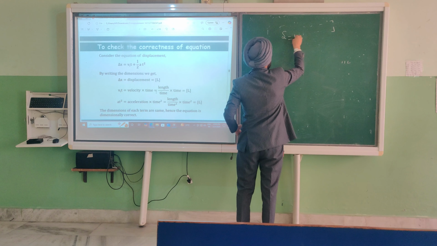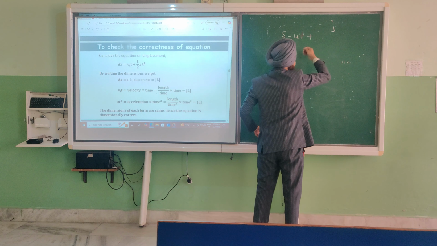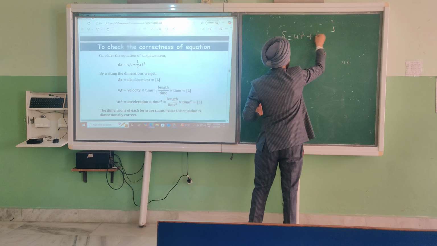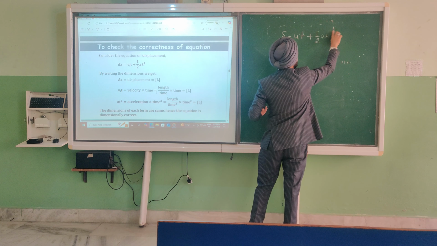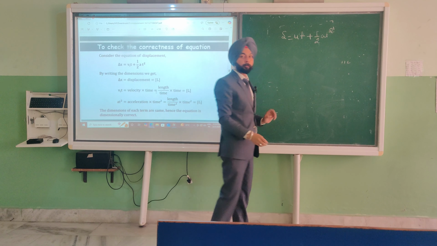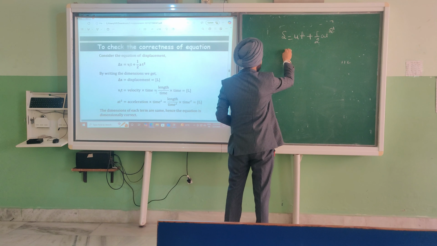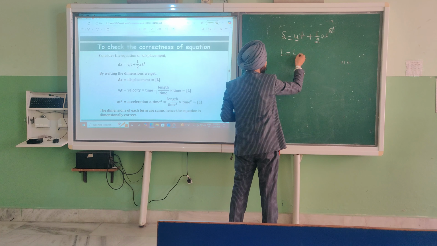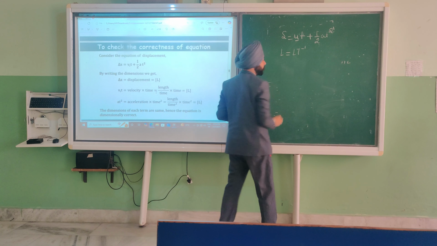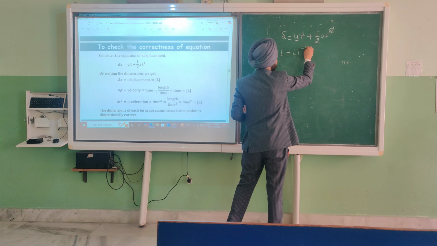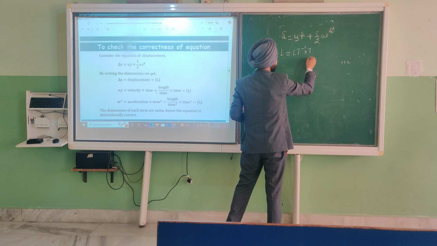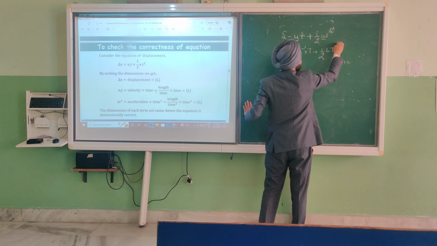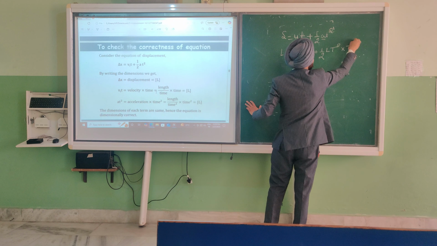S is equal to u t plus half a t square. This is the second way to check the correctness. S means displacement, L. U, initial velocity, you know, is L T minus 1, into T, plus half, acceleration L T minus 2, into T square.